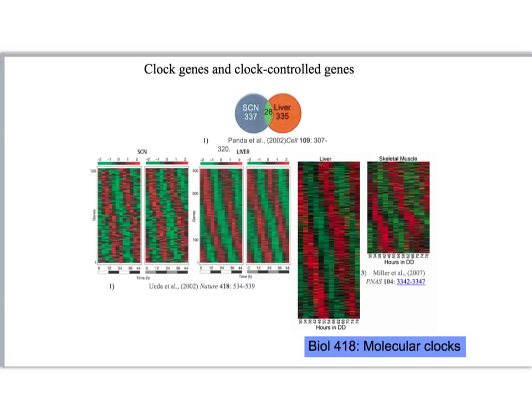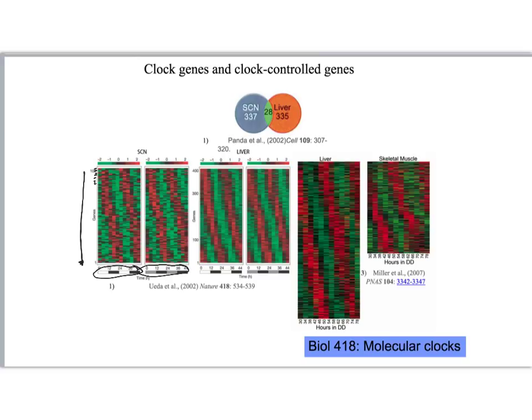Just to give you a sense of how to read these plots, these are genes stacked up vertically. Each one of these little rows, and there are many rows, is a different gene or a different transcript in principle, and how it is expressed throughout the 24-hour cycle under either a light-dark cycle or under constant conditions.